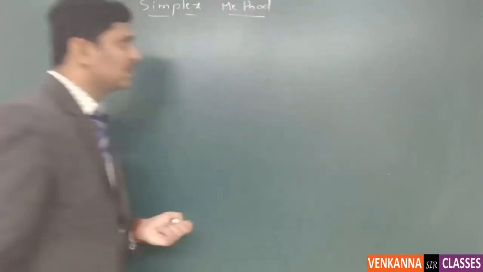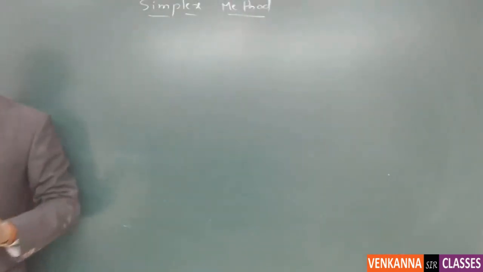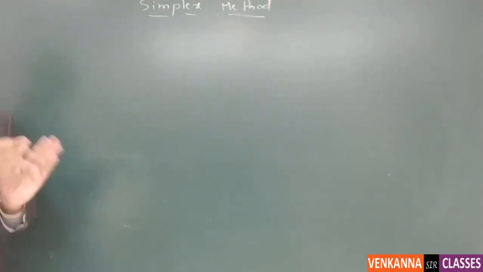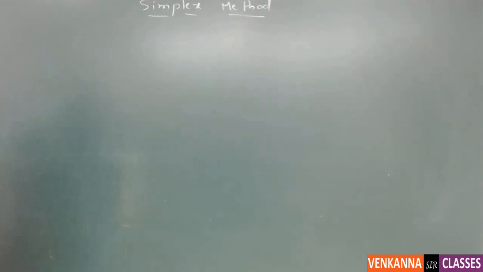So while solving a problem using the simplex method, there are many things to be observed. I am going to take one after the other. So without any hesitation, I am going to take the first problem of the previous class lecture where I had started. By means of the simplex method, we are going to solve it.